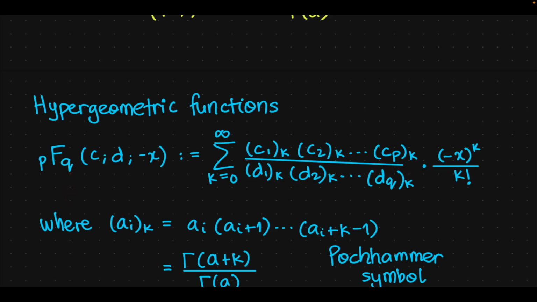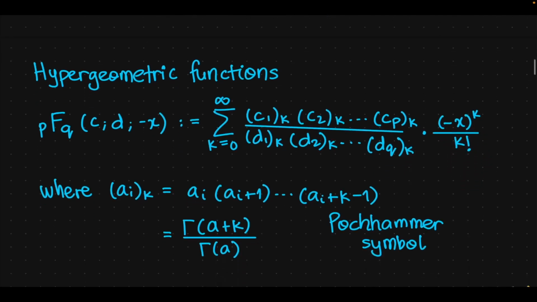So the q is for how many coefficients there are in the denominator, times minus x to the k over k factorial. So this last term is basically going to be a given in all the function expansions that we're going to consider, because this just goes nicely into the master theorem.